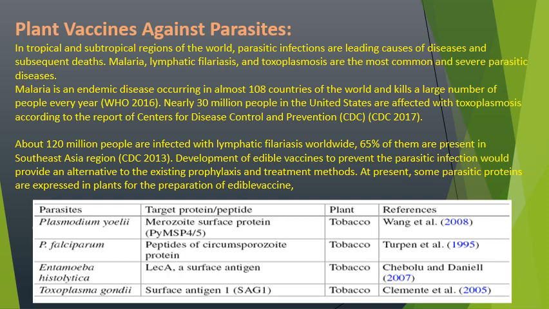At present, some parasitic proteins are expressed in plants for the preparation of edible vaccines. Some edible vaccines in tobacco plants were produced for treating malaria, which is caused by Plasmodium falciparum, Plasmodium vivax, and other diseases like toxoplasmosis, which is caused by Toxoplasma gondii.